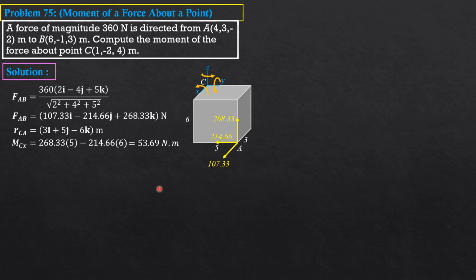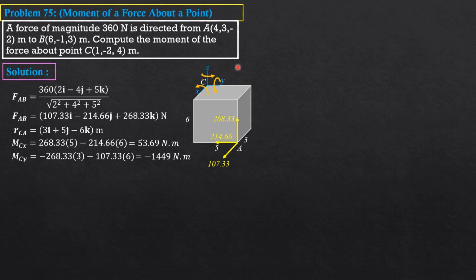So that is 53.69 Newton meter. MCy is negative, opposite to this sense. This is also negative, opposite to that sense. So negative 268.33 times 3, then negative 107.33 times 6. Moment arm is 6. So MCy is negative 1449 Newton meter.